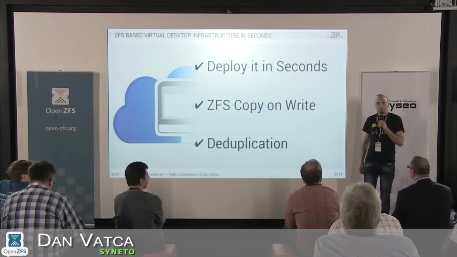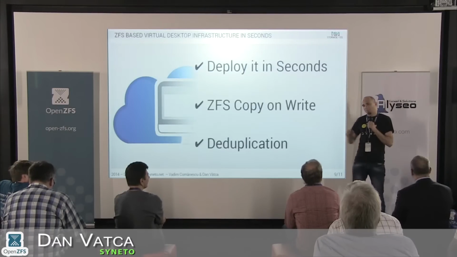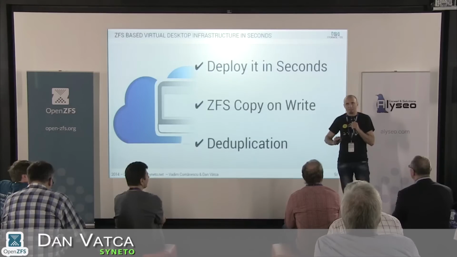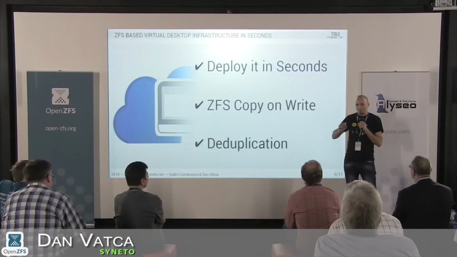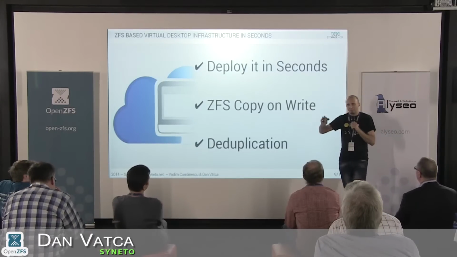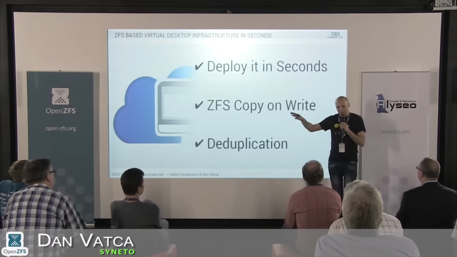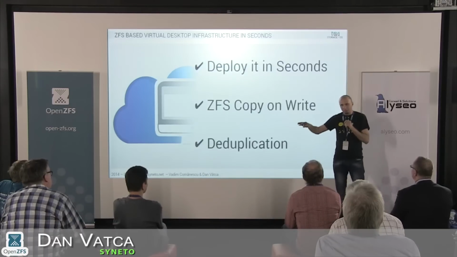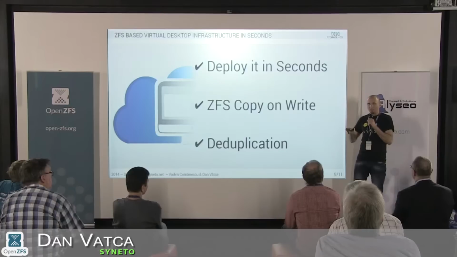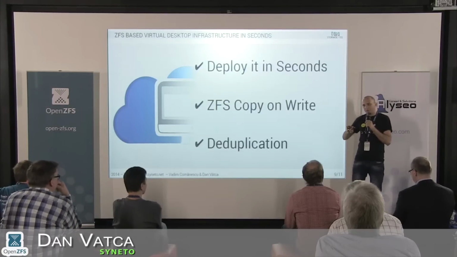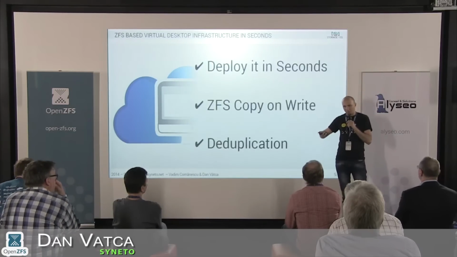Yeah, with deduplication, we have problems in the sense that it's largely dependent on the block size. If the block size gets too large, then you don't get that much of a benefit of using the dedup. If the block size is too small, then we have to be very careful on the amount of memory that we install.